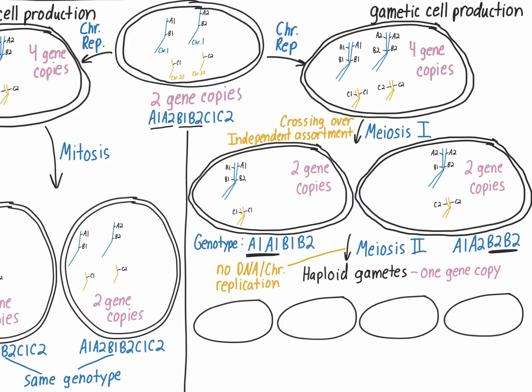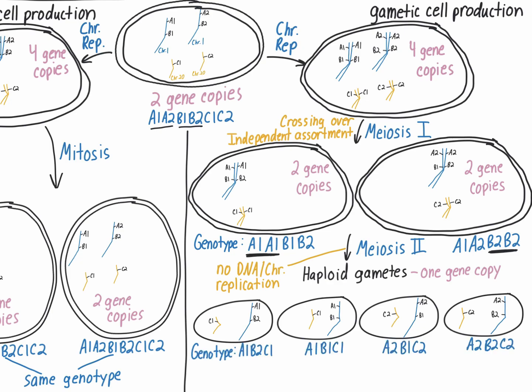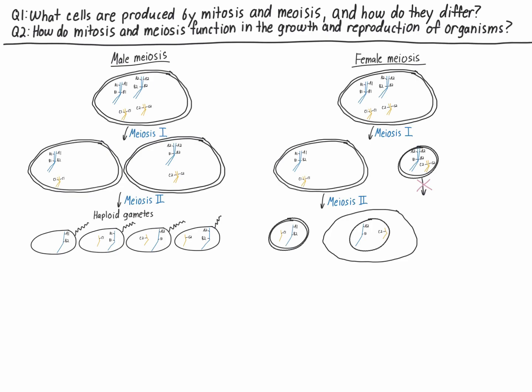So each daughter cell therefore only gets 1 chromosome of each type and only 1 allele of each gene. These 4 cells are haploid and develop into sperm cells in males, and all 4 will have different genotypes. Meiosis in females is similar, but only 1 gamete, the haploid egg, is produced.